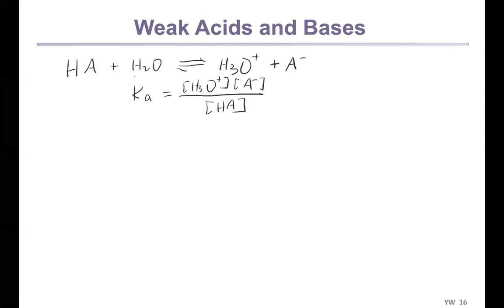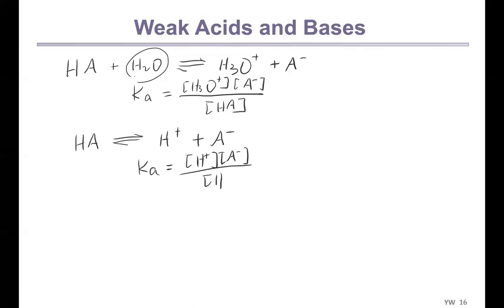So we are not including H2O because it's a liquid, okay. You can also write it in a simpler form, which is H plus or A minus. So it's exactly the same thing. And in this case, Ka will be H plus, A minus, over HA, okay?